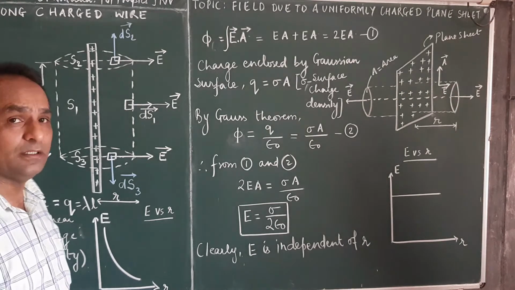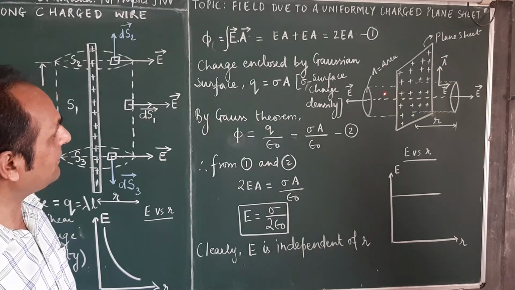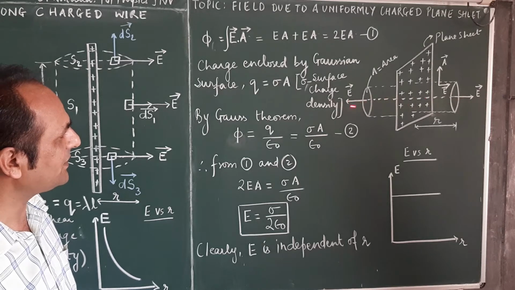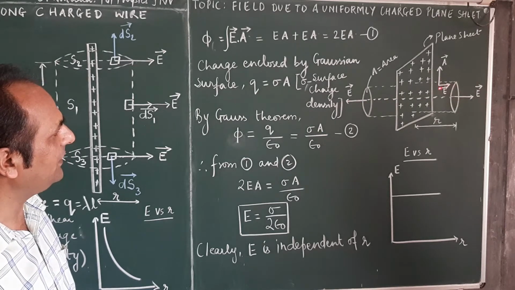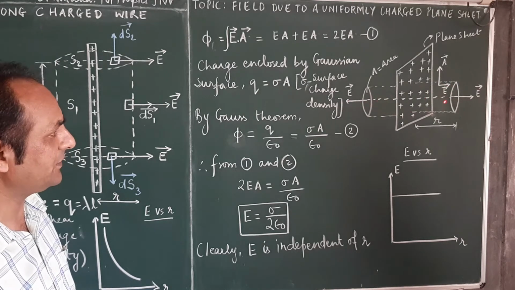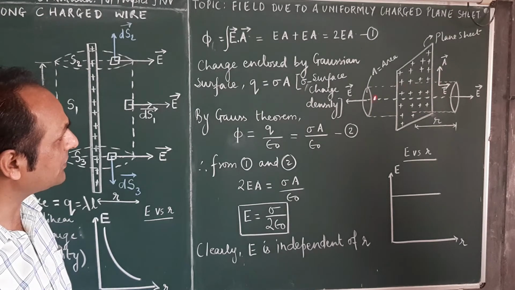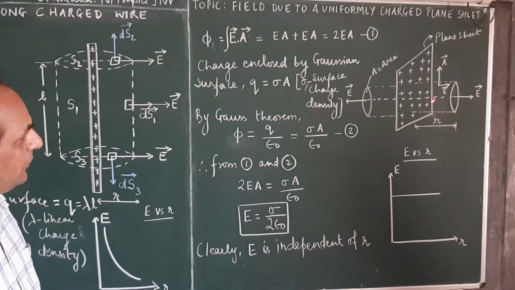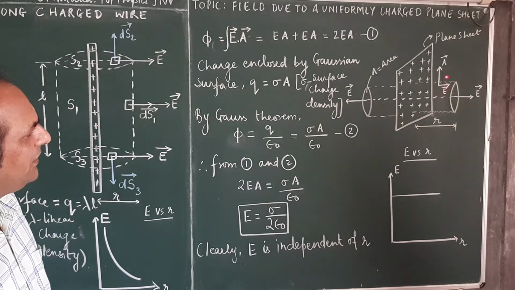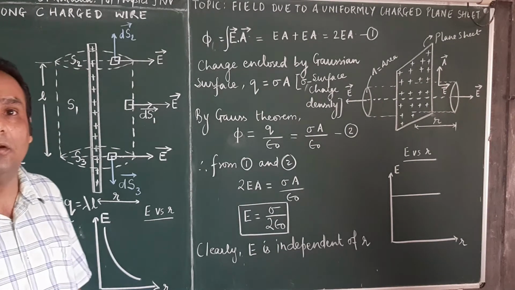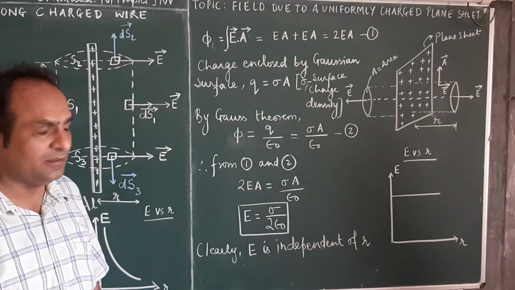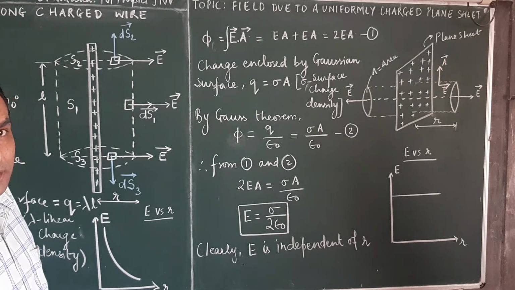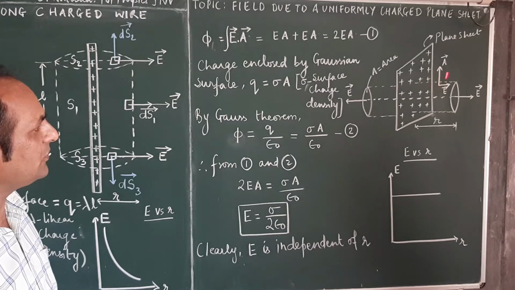But here the interesting point is that the electric field is outwards at these two points, and here also the electric field is outward, that is on the curved surface. But the area vector for this curved surface is normally outwards. So for this curved surface, the field and area vector are making an angle of 90 degrees with each other. So there you will get EA cos 90. So this term would become 0 now.